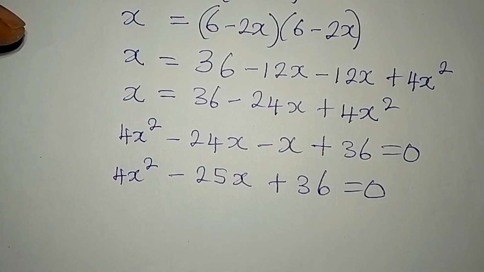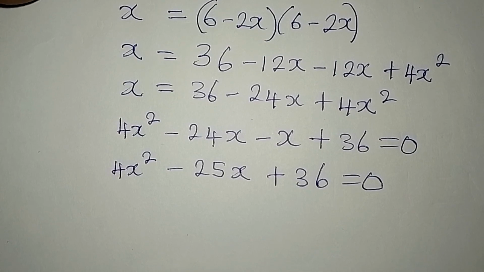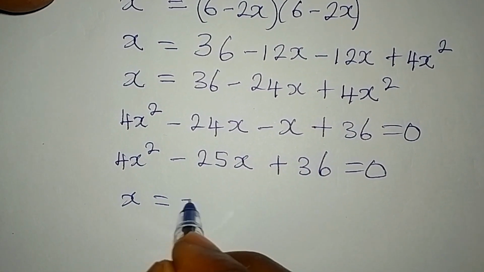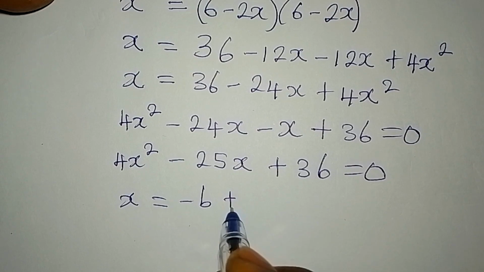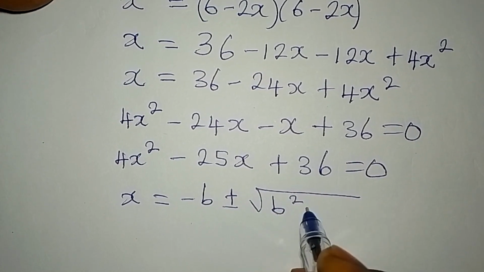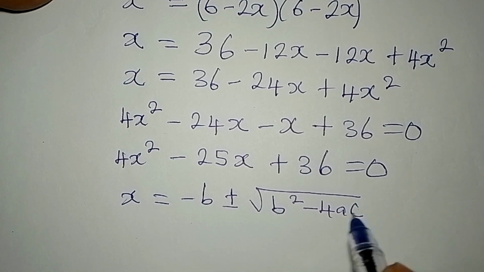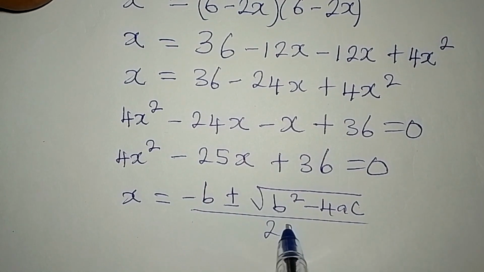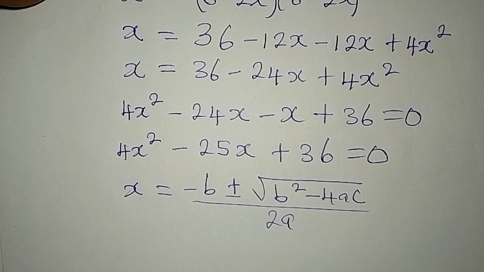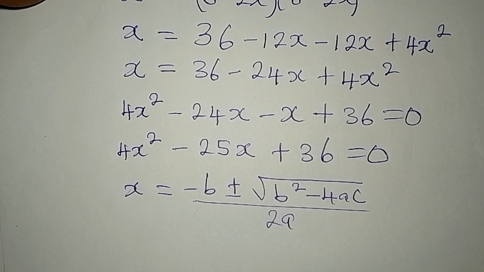Now we solve this by using the formula. We have x to be equal to minus b plus or minus square root of b squared minus 4ac, all over 2a. Now our problem is to identify our a, b, c.